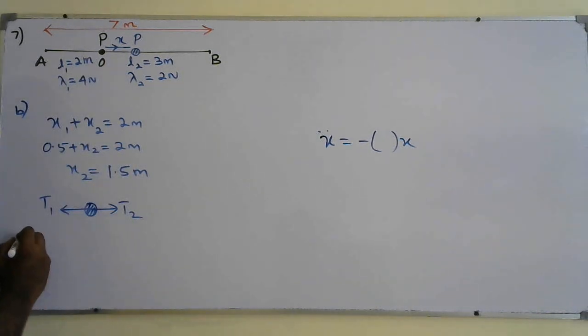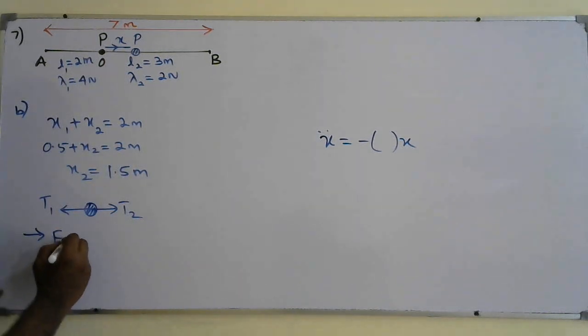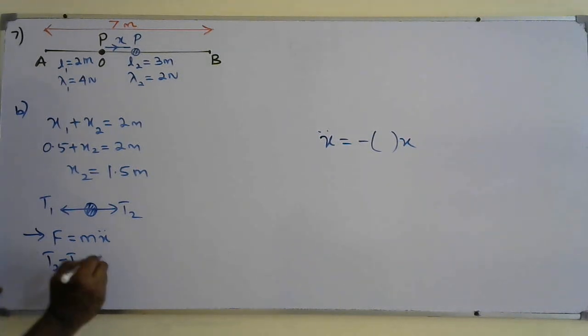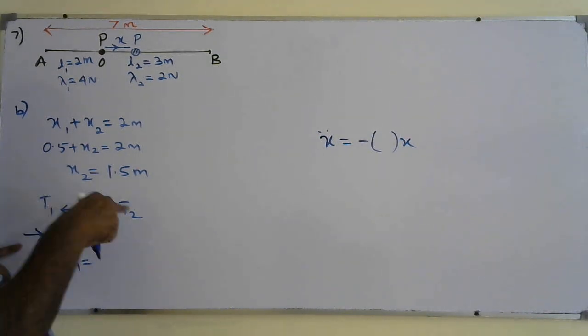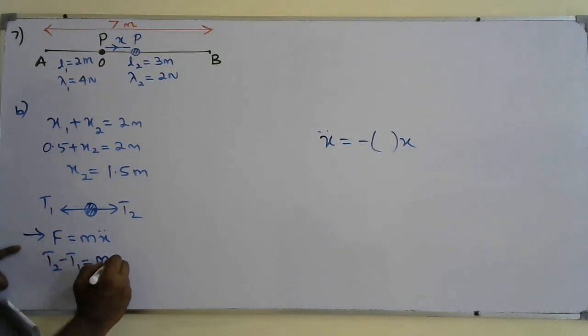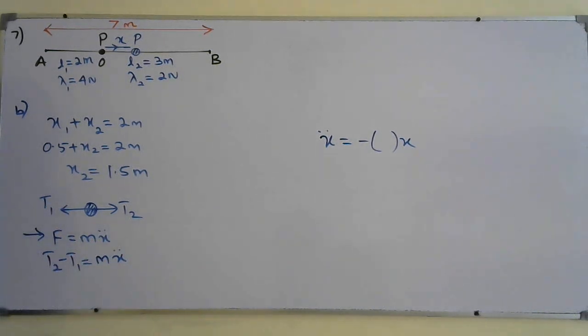So I'm going to write towards right, F equals mx double dot. What is the resultant force? Towards right T2, so T2 minus T1, because I'm taking towards right positive, so a force towards right is positive, and T1 is towards left, equals mx double dot.